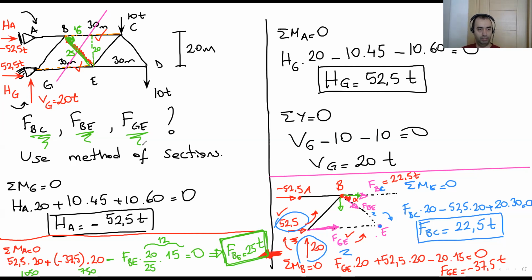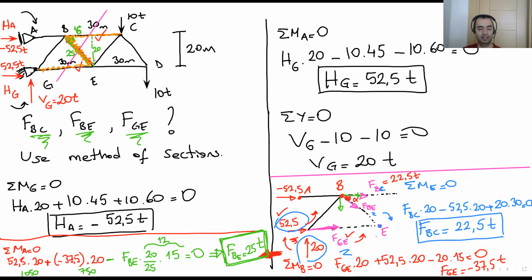Keep these numbers here. And then take a look at the structural system. Which members do you like to calculate? As you can see in this example, we're looking for this member, and this member. It's good for us.